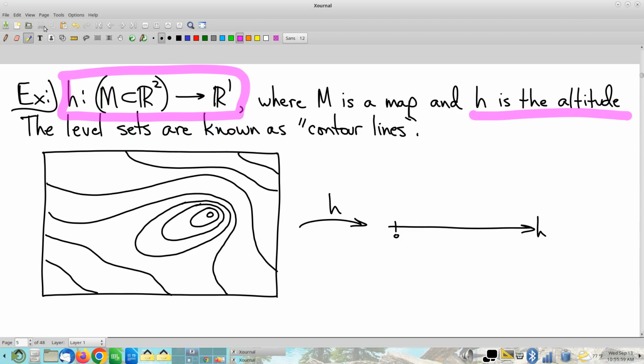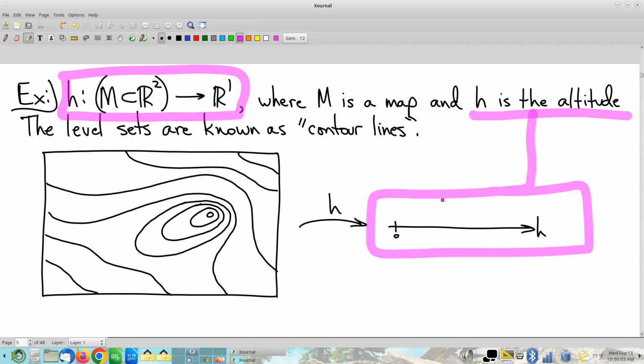Let me finish my, so remember we represent the target like so. For any given altitude, these are the points near that mountain that are at that altitude. And then you can say at a slightly higher altitude, these are the points near the mountain that are at that slightly higher altitude.